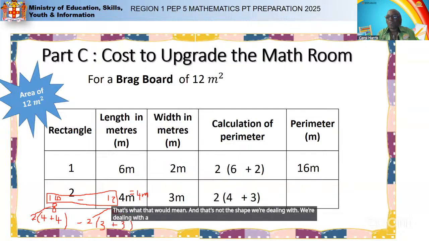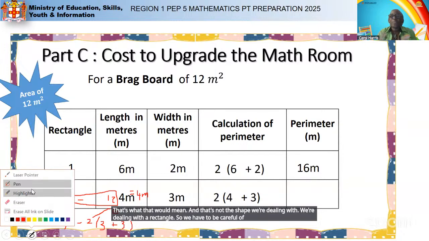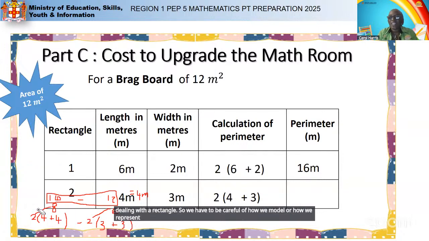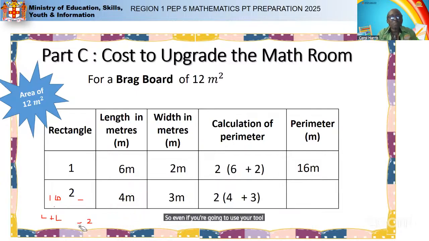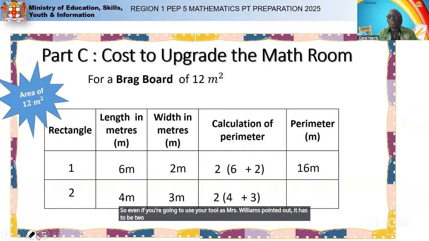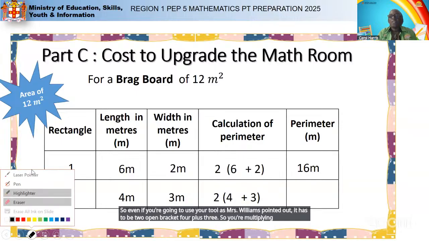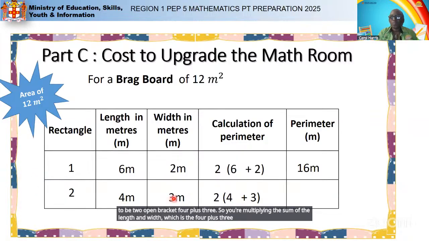So we have to be careful of how we model or how we represent this calculation. So even if you're going to use your 2, as Mrs. Williams pointed out, it has to be 2, open bracket 4 plus 3. So you're multiplying the sum of the length and width, which is 4 plus 3, by 2. And that's what you have here, Miss Harris.